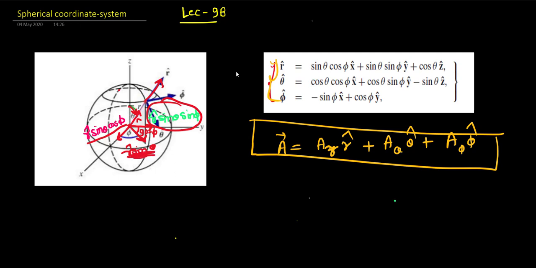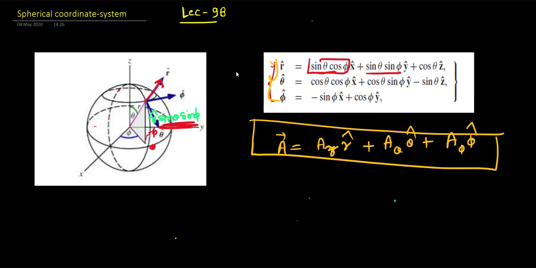The magnitude of r cap is 1, so the y component would be simply sine theta sine phi, and the x component is sine theta cos phi. We are only considering the magnitude.